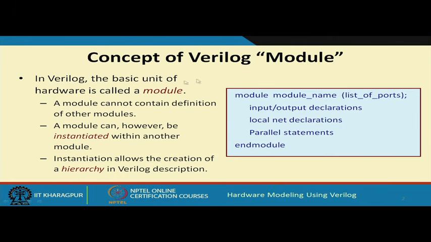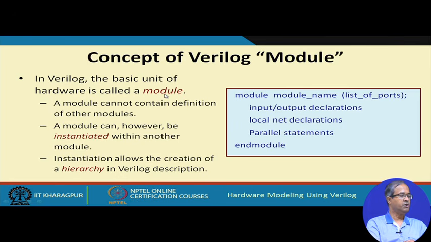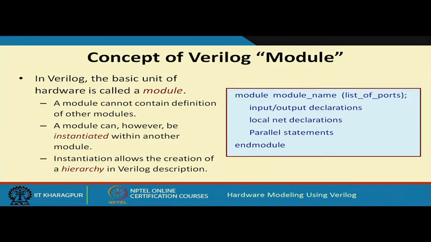As I said, the basic building block or basic unit of hardware in Verilog is called a module. There are some restrictions, like a module cannot contain definitions of other modules. This has some similarity with a language like C. Whenever you define a function, you cannot define another function inside that function.